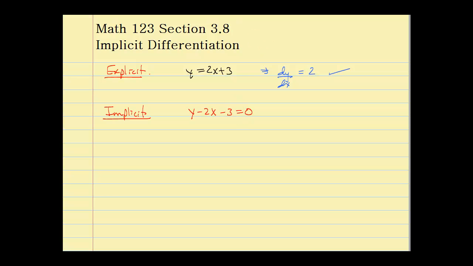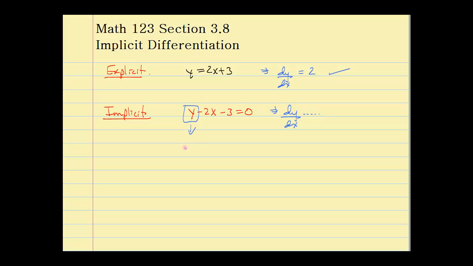In this one, I would like to find the derivative of y with respect to x again. Well, when we look at the derivative of y with respect to x here, it's not as obvious as it would have been in the explicit form. Solving for dy/dx here is not going to be as clear. So the first thing I would do is take the derivative of y with respect to x.